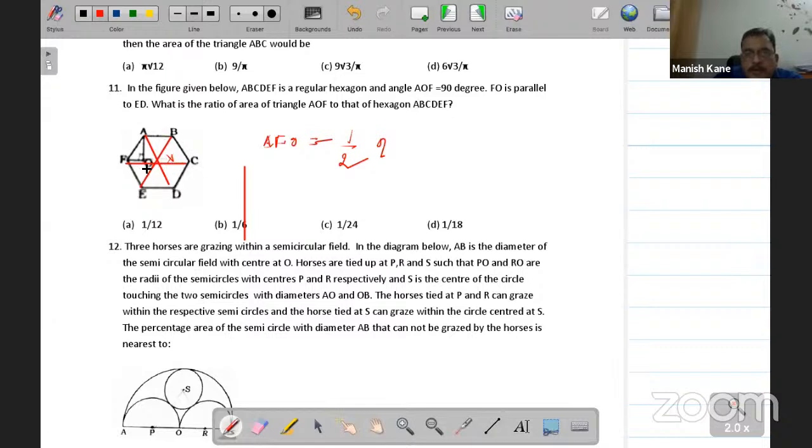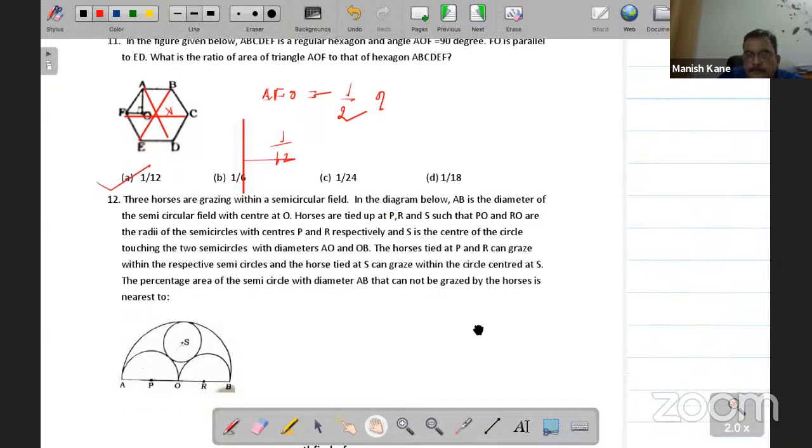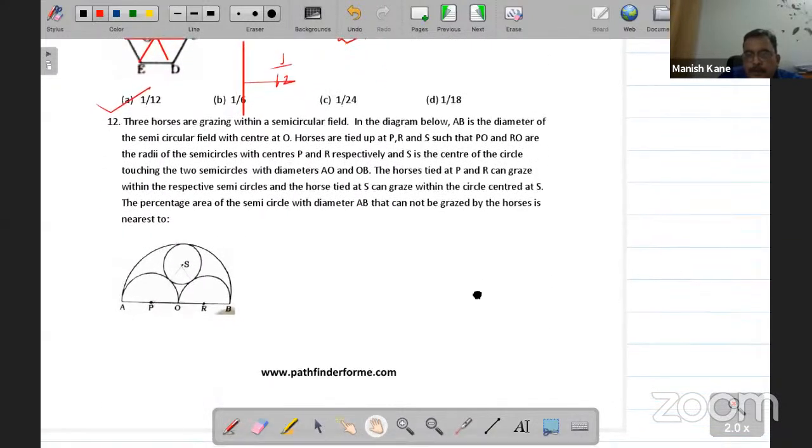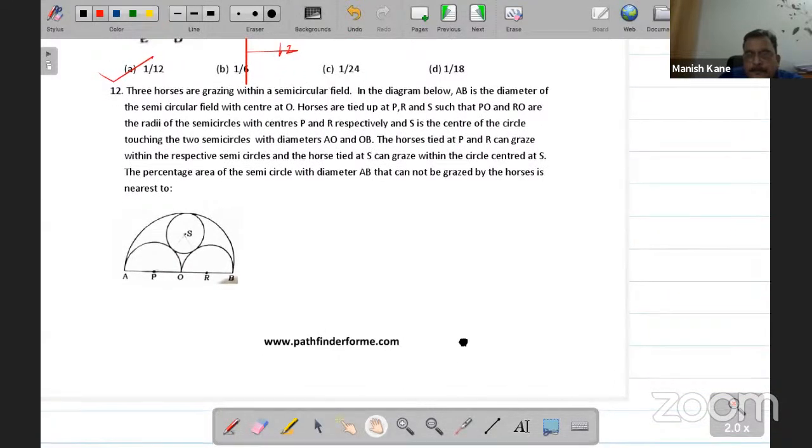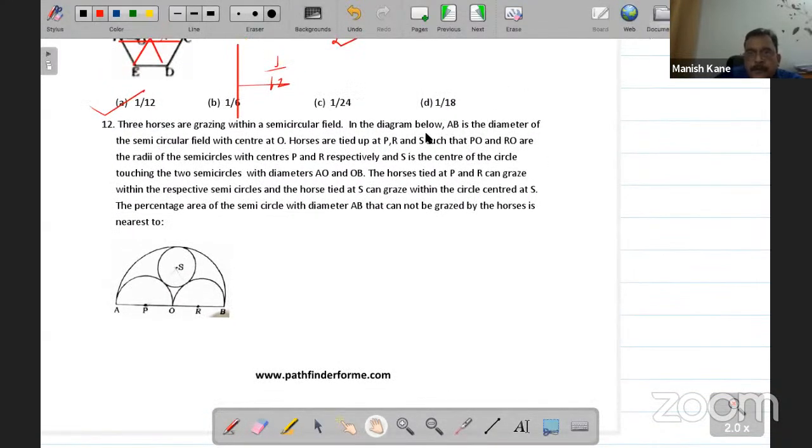So if each equilateral triangle is 1/6, half of it will be 1/12. Have you understood why 1/12, all of you? Have you understood why 1/12? Okay.